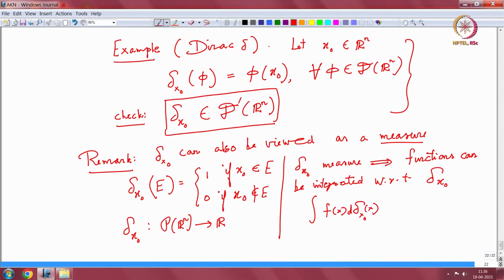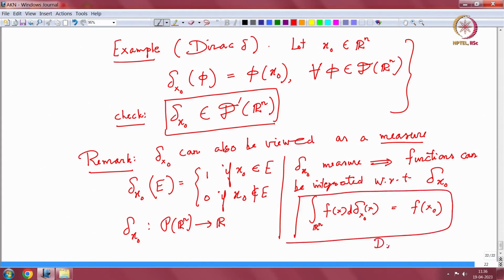Symbolically, you may write it so. If you integrate over R^n, you precisely get f of x naught, perhaps assuming continuity. And this is exactly what Dirac desired.